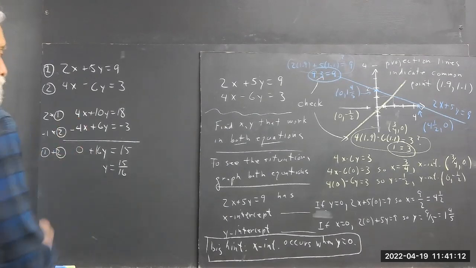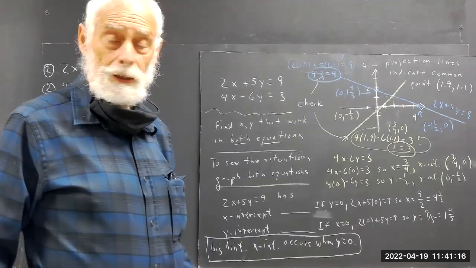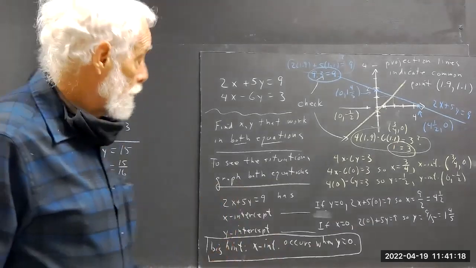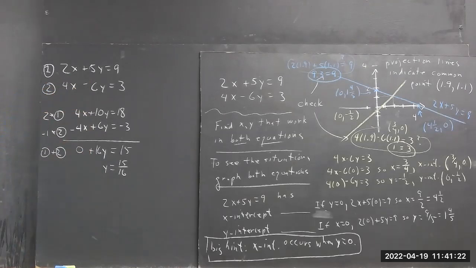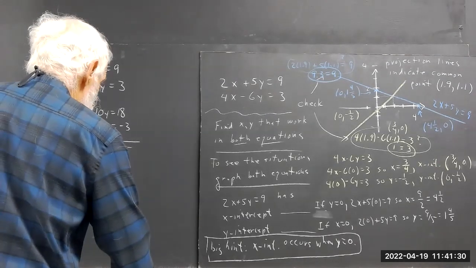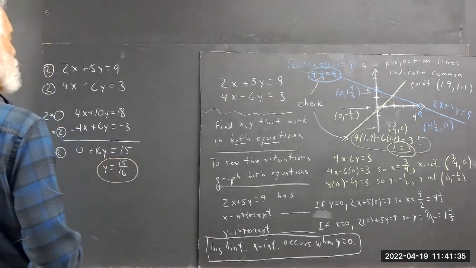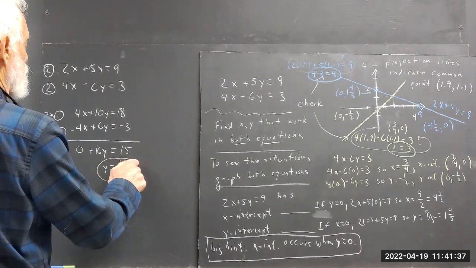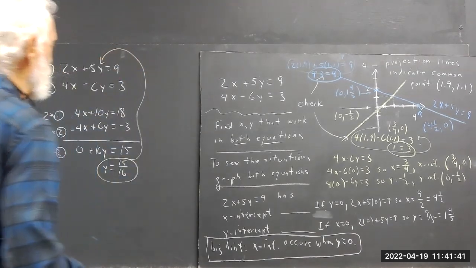Okay. Now that I know that Y equals 15/16 at this point, it's easy to find X, because I can just plug 15/16 into either equation and I'll get an equation that I can solve for X. So what I'm going to do is plug Y equals 15/16 into the first equation.